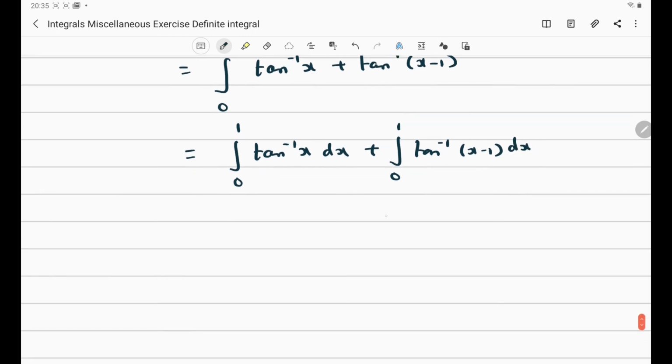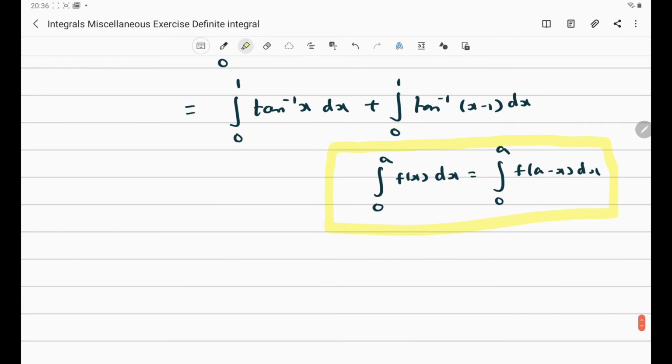So, we know the property that integral from 0 to a f of x dx is integral 0 to a f of a minus x dx. So, this is the property of definite integrals.